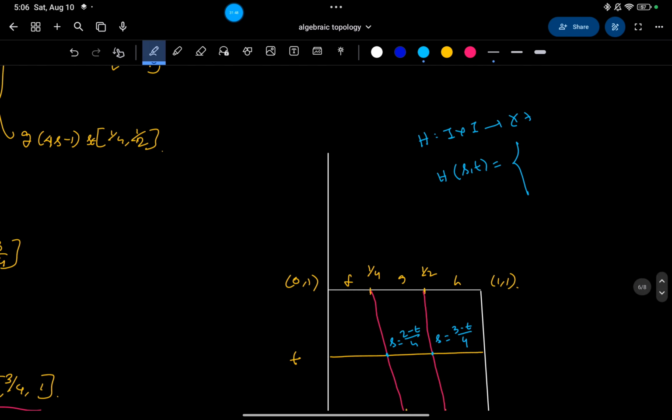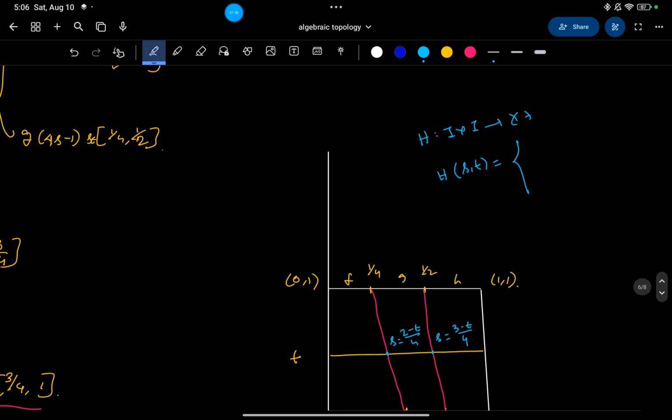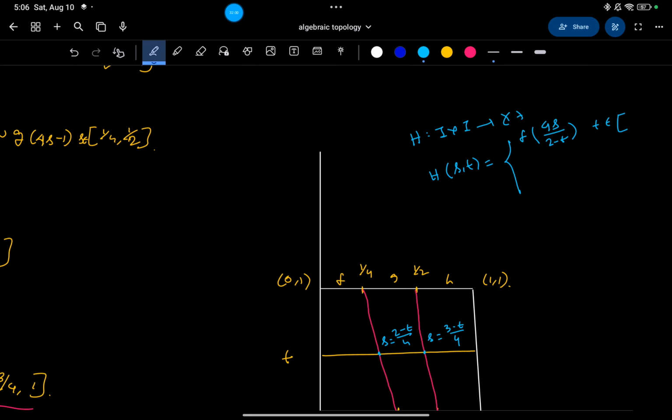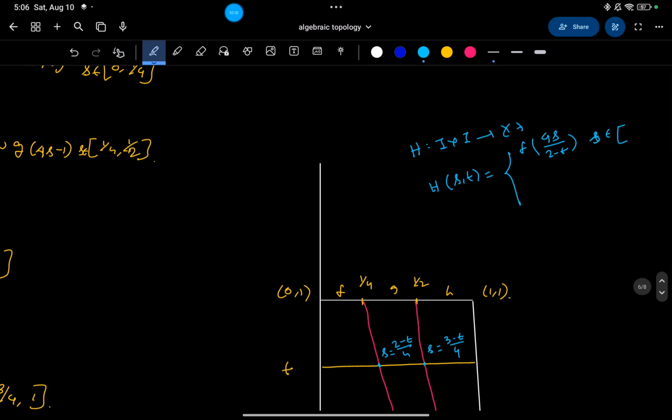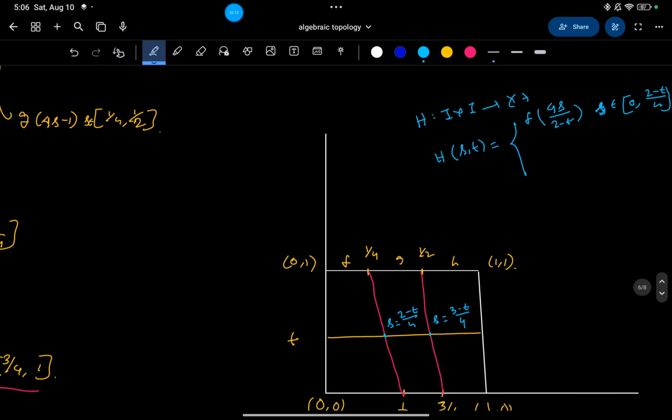Okay, so it will be just like F is a mapping, F of 4S into 2 minus T, where S belongs to 0 to 2 minus T by 4. And for G, it will be acting from 2 minus T by 4 to 3 minus T by 4.